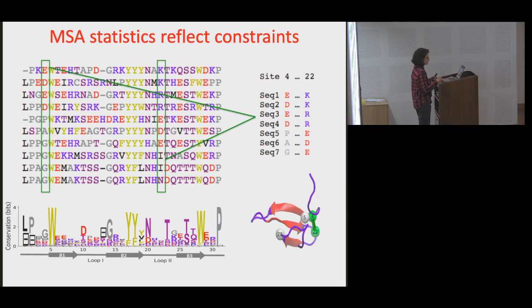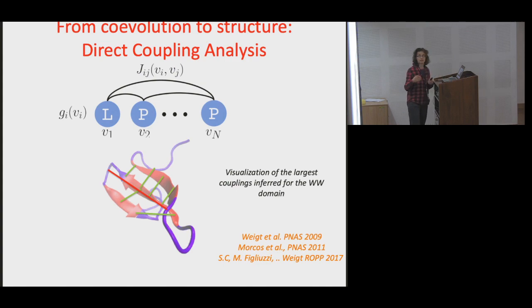From the direct inference of a network, it has been shown, especially starting with the work of Martin Weigt, and this is a review paper, that when you infer a direct network between these amino acids, you can indeed find structural information.